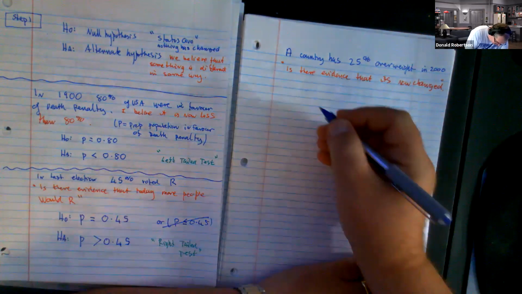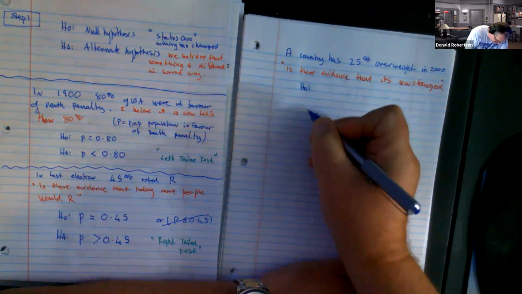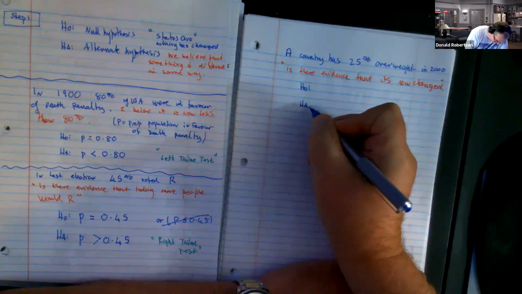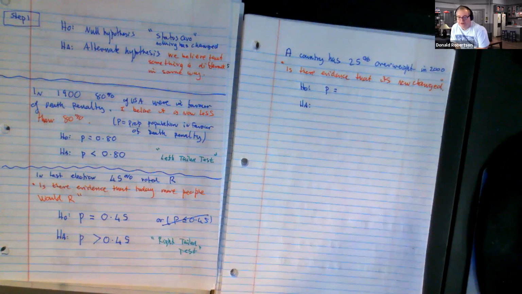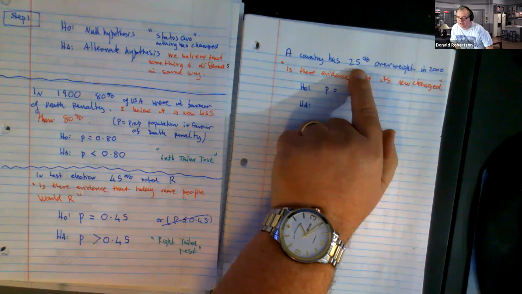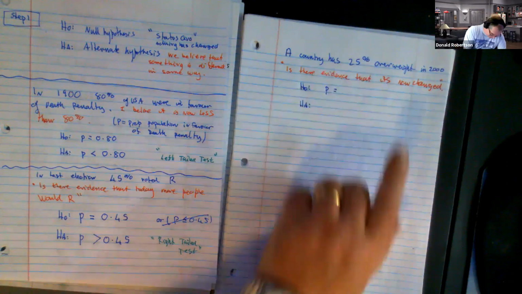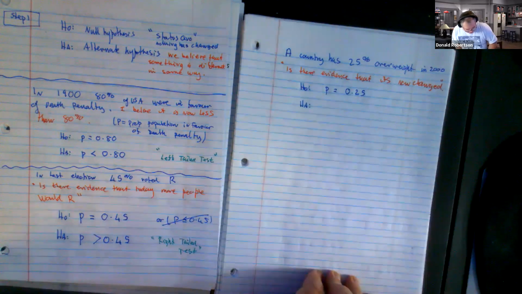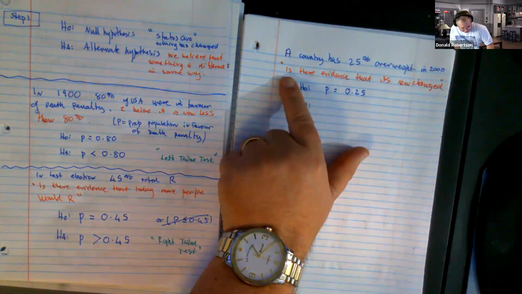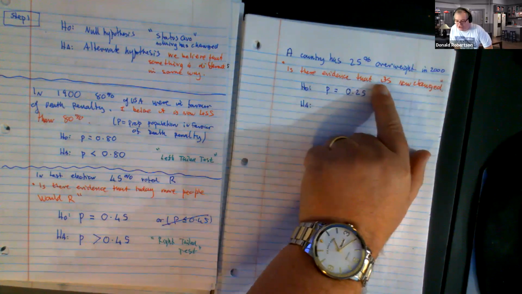So let's set up the null hypothesis and the alternate hypothesis. The null hypothesis will always start with P equals. And would you agree that it's this here? How do you think you represent, is there evidence that it's changed?